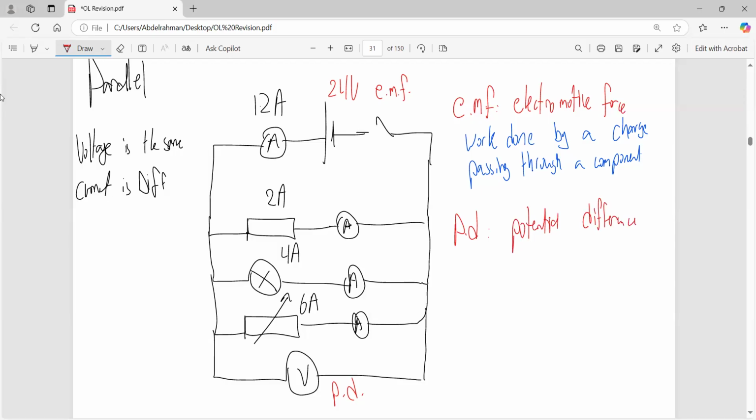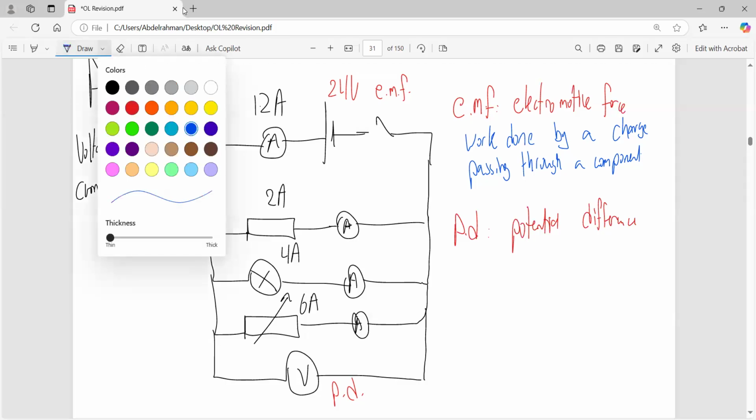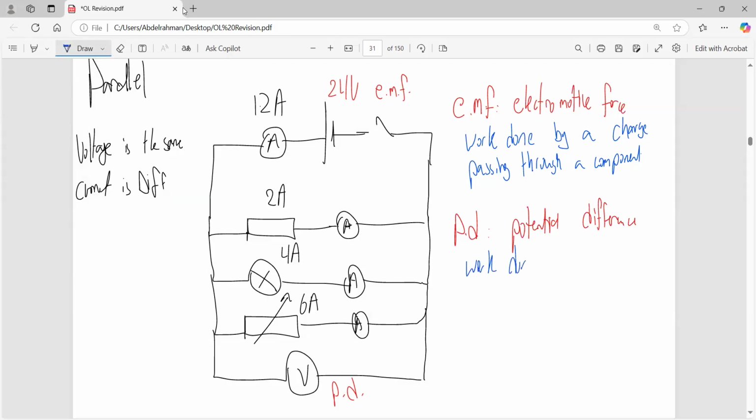It is the electric work done by the source on the charge, or in moving this charge around a complete circuit. So this is the difference.